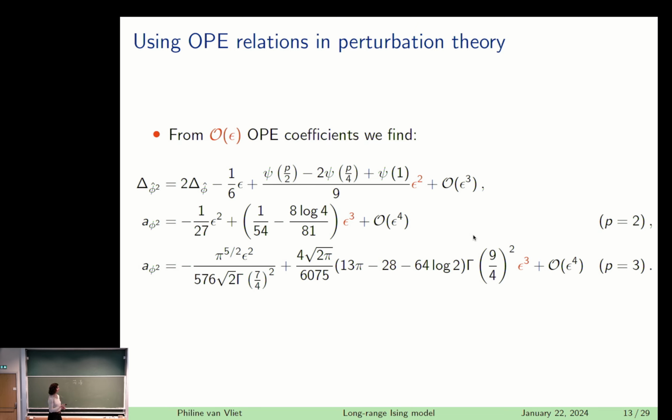And this allows us to find this conformal data, which is then relatively straightforward to compute in perturbation theory. And this data we can then eventually use to compare to the numerical bootstrap and show that we can find the long-range Ising model.